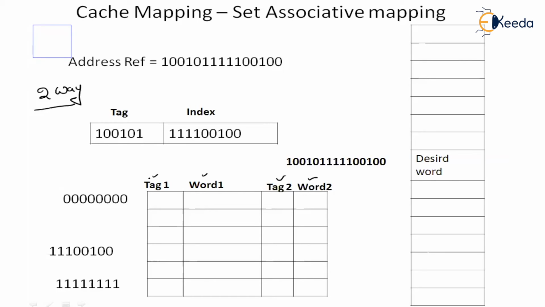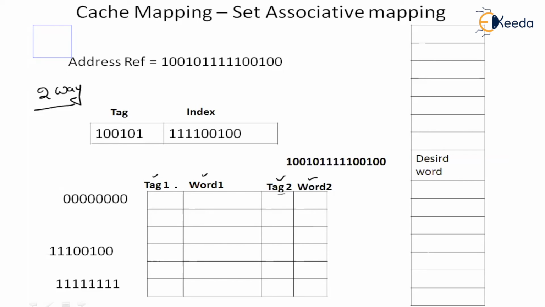If the tag is not matched, don't worry, we do have a second choice, because one index is accommodating 2 tags and 2 words. So here there is a better chance of having a hit, right? But in the previous case, direct mapping, there is only one tag, one word. Definitely there are more chances of a miss if the consecutive address references of the CPU fall under the same index with a different tag.